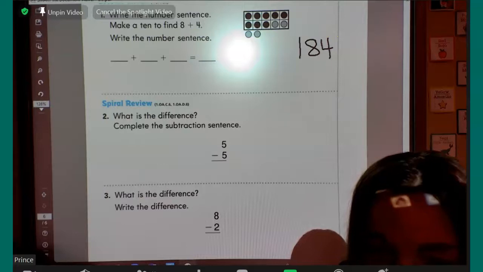Good. Good. Aaron? Good. Okay. And Alakai? Good.